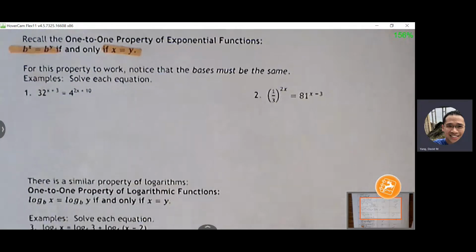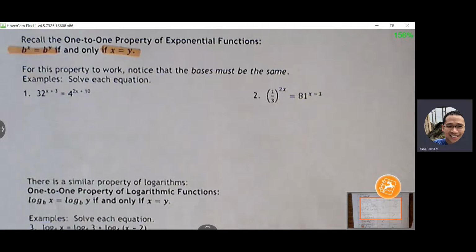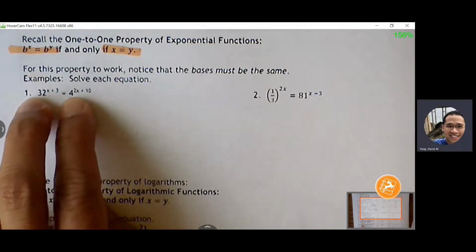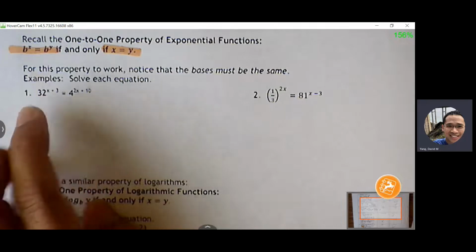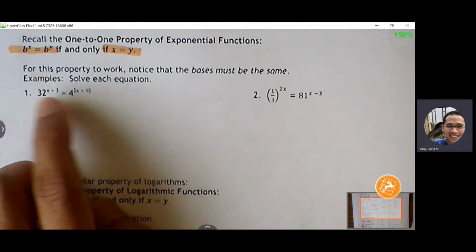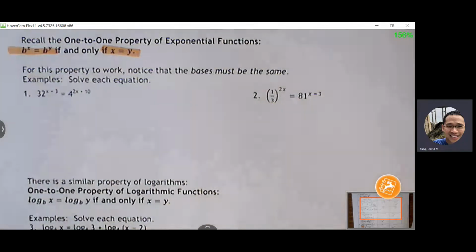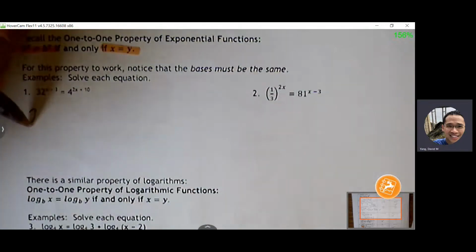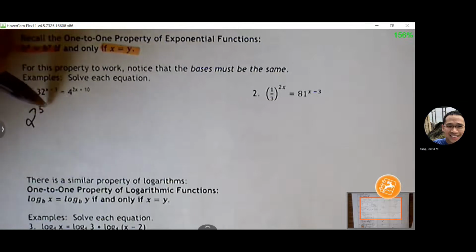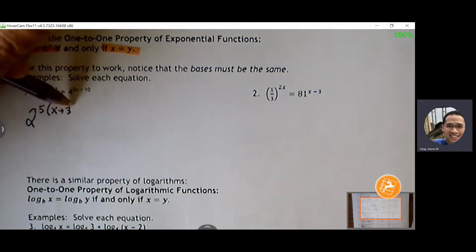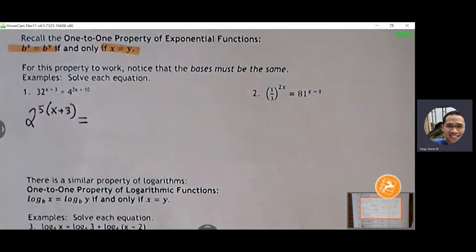There's a bit of a review here. 32 raised to the x plus 3 is equal to 4 to the 2x plus 10. We want to find a common base that both can be raised to. So what is the common base that both 32 and 4 can share? Base 2, right? So 32 is 2 to the 5th. I'm just making that substitution and then putting everything down from the original problem.